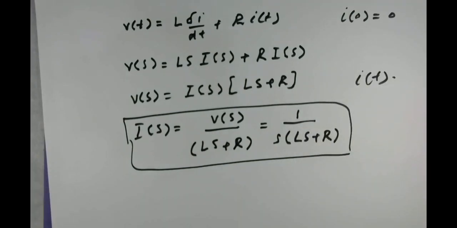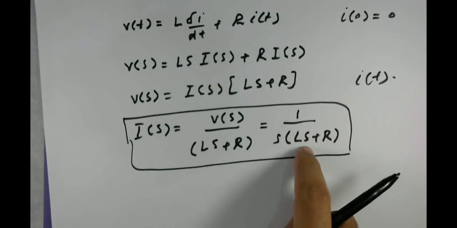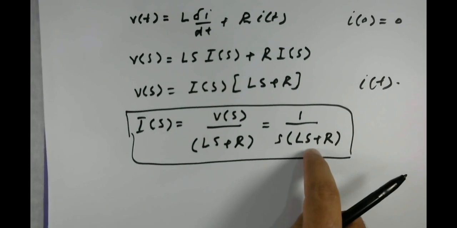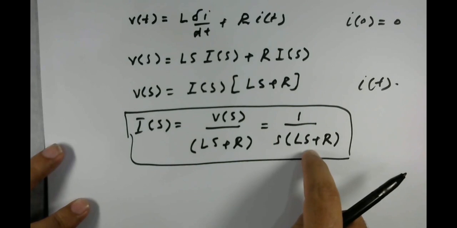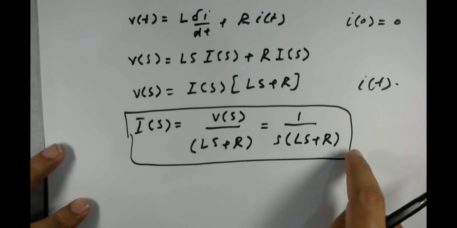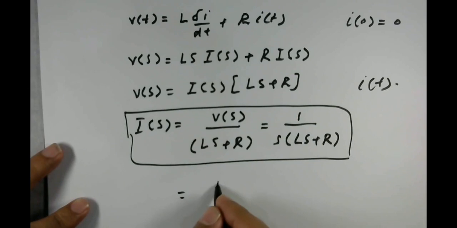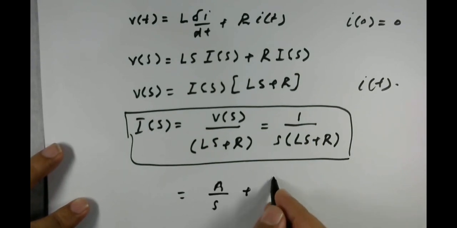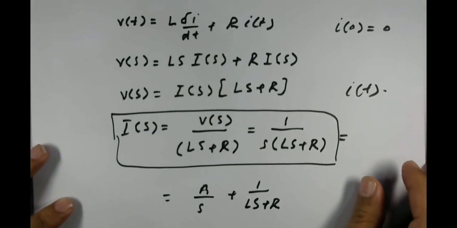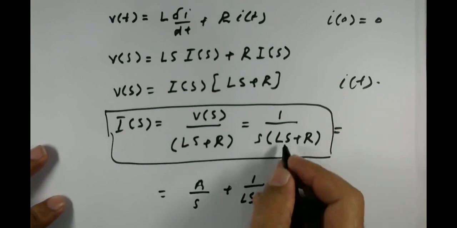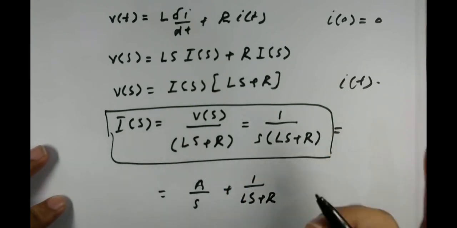So for I of t, what we can do is simply we can do partial fraction, which we learned in chapter 13. In previous lectures, you already know that we can do partial fraction of this one, and we can convert it into this form, that is A by s plus B by Ls plus R. You do a little bit of modification over here, that is you take L common, so that you get the standard form.